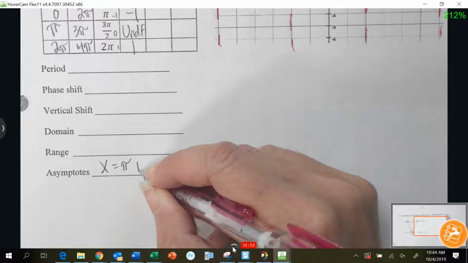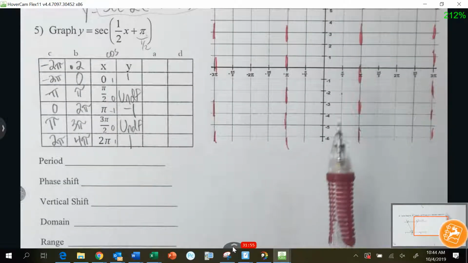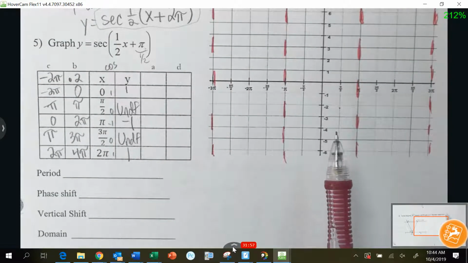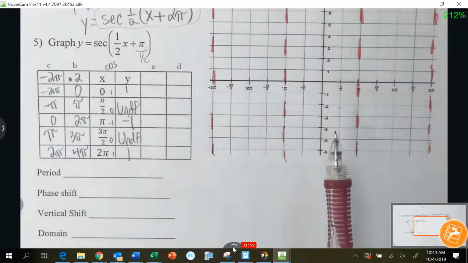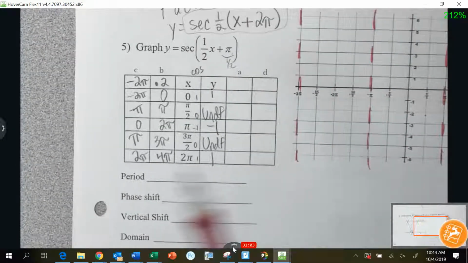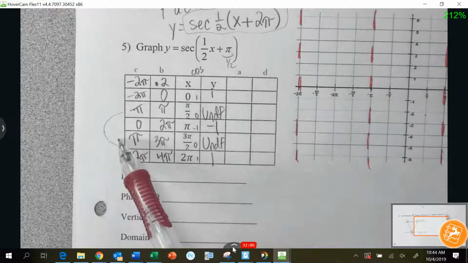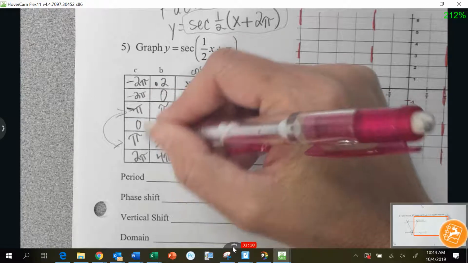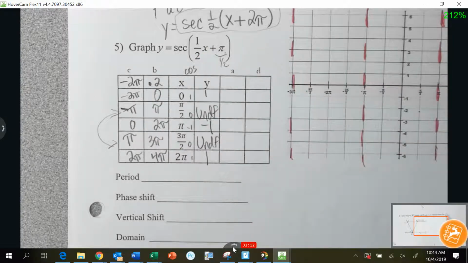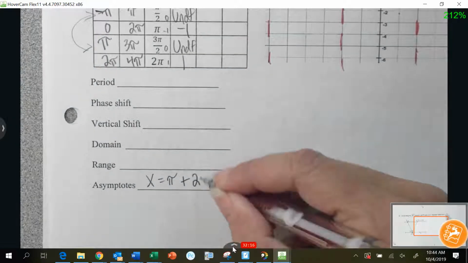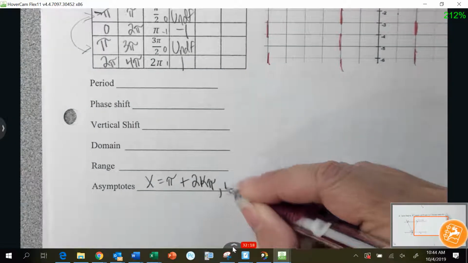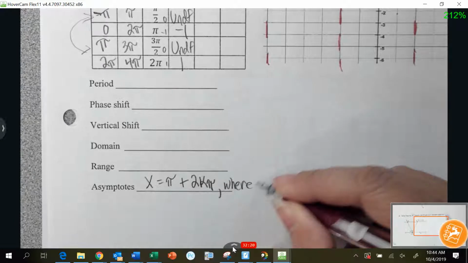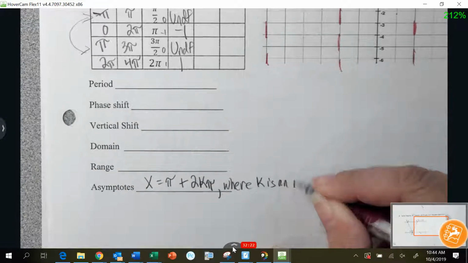And then I'm going to add on how far apart they are. How far apart are they? They're 2 pi apart. There's a few ways you could get that. You could look at the table and see how far apart it is from pi to negative pi. Those are 2 pi apart. You could look at the picture and count the blocks. So they're 2 k pi, where k is an integer.